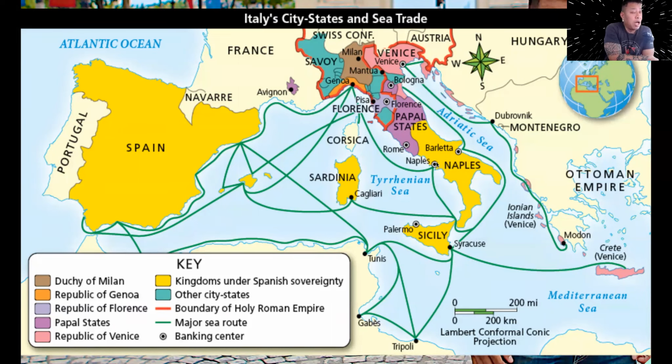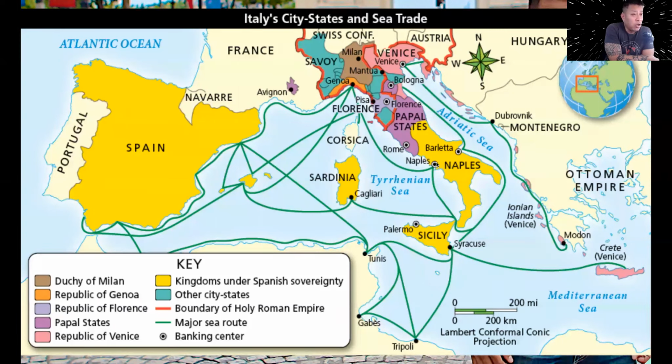Cities like Milan, Genoa, Florence, which were within the territories of the Holy Roman Empire, wrestled themselves away from it and became independent as a result of their wealth.